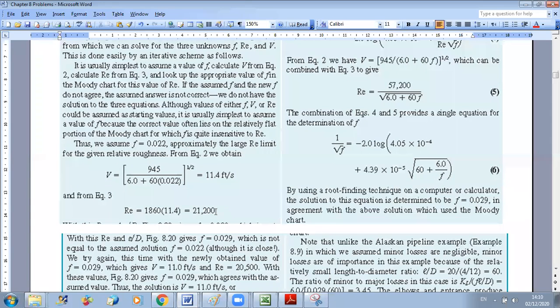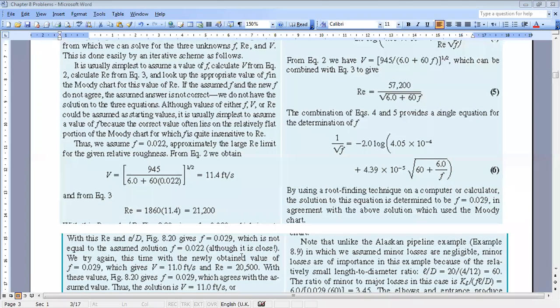First it was 21.2 times 10 to the power 3. Now it's 20.5 times 10 to the power 3, so the new value of Reynolds is 2.05 times 10 to the power 4, which is very close to the previous one. Previously I obtained 2.12, now I obtained 2.05. So the difference is small, and I can expect that F will be close.